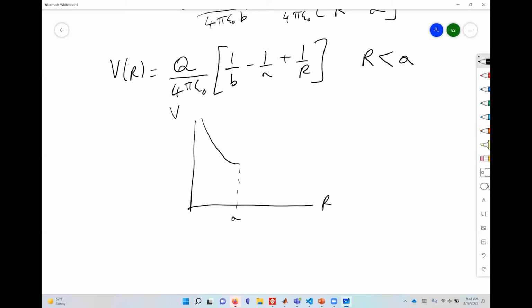I end up with 1 over A minus 1 over A, so V is Q over 4 pi epsilon naught B. This is equal to the potential at B. So the potential is going to become constant between A and B because it's a conductor. And then at B it is going to start to go down again, like this.